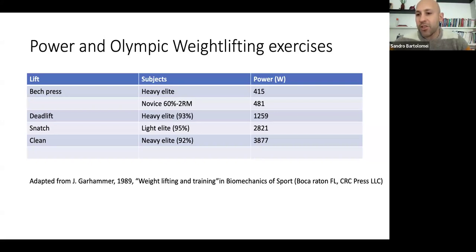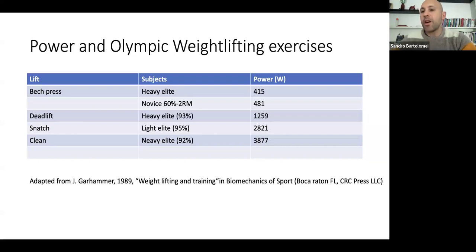The correlation is more elevated if you are able to produce a very high amount of power, not because your technique is closer to the one used by weightlifters. Okay, I don't know if you understand that concept.